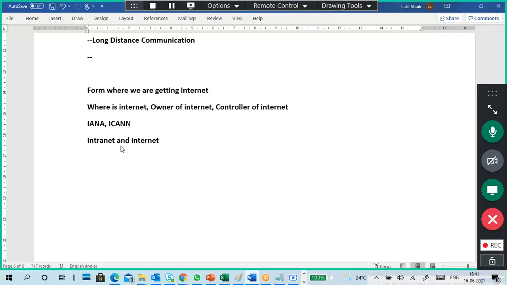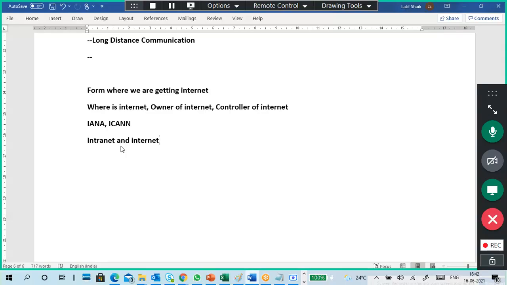Those servers are outside of my local network. So how do I access them? Through internet only.